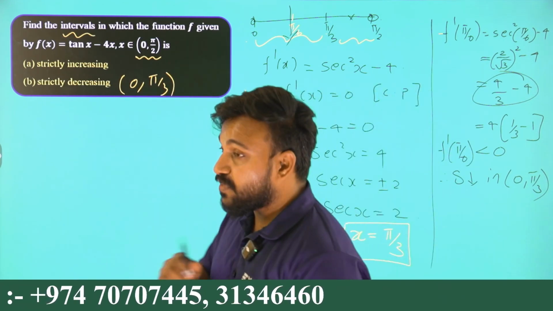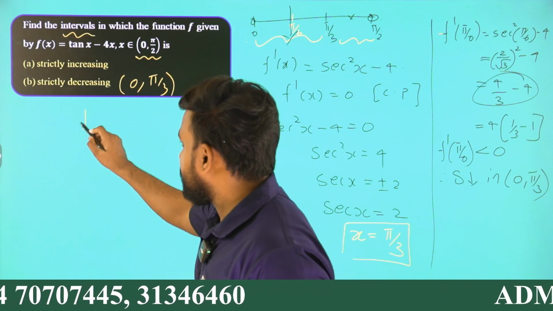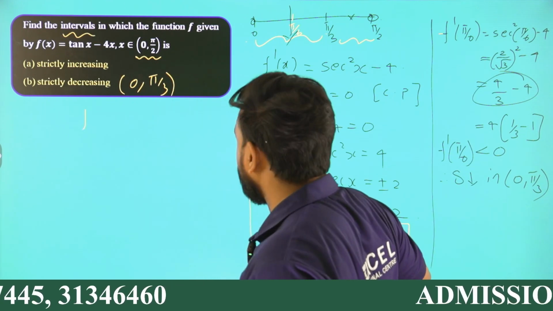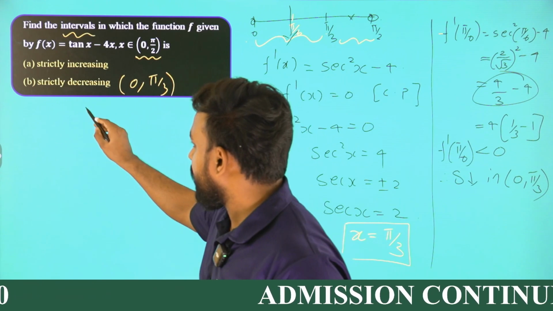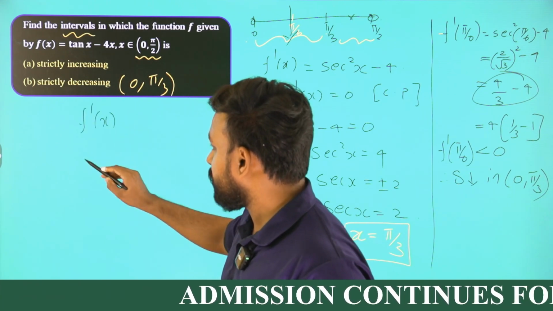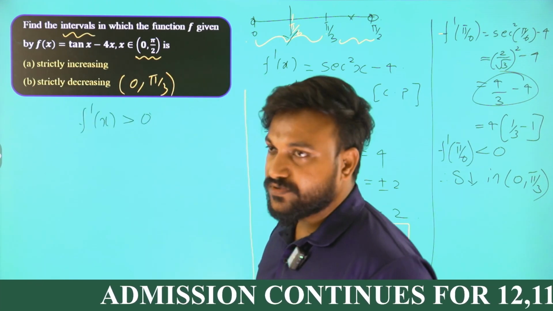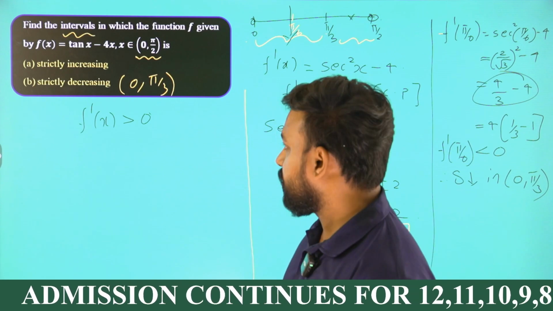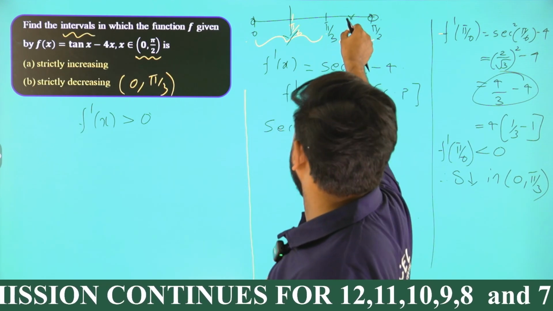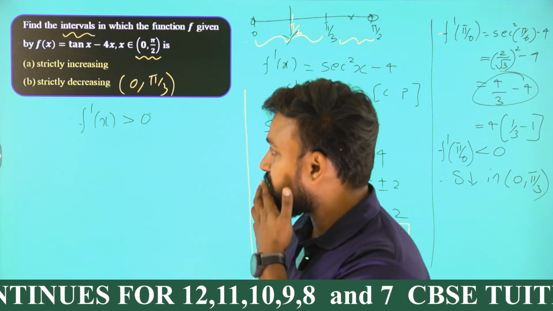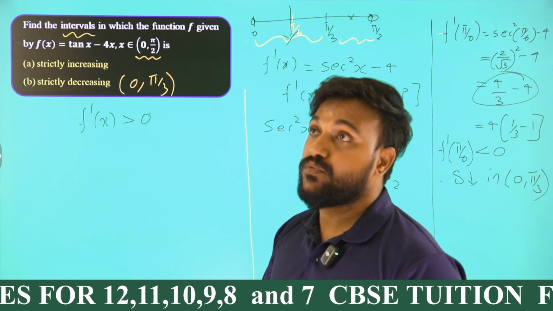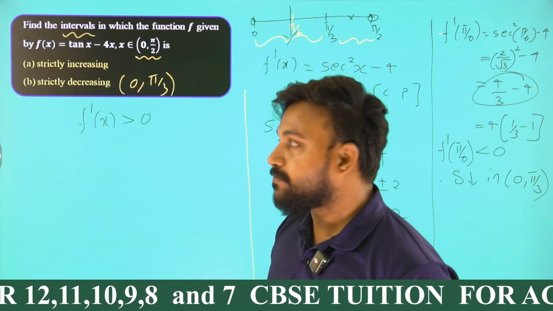So at that moment what we will do is we'll try it like this. We have to check whether it is increasing or not. So we have to take f dash of x greater than 0. We use inequality here because we don't have any value to directly put in the derivative. So we consider f dash of x greater than 0 and find at what value of x it will become greater than 0.